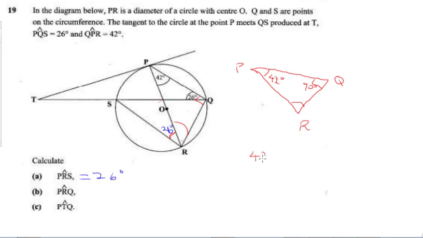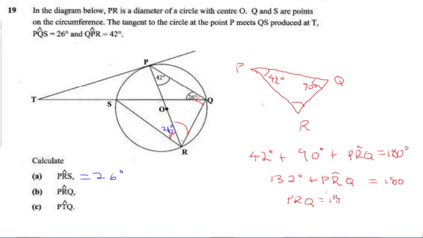So 42 plus 90 plus PRQ should be equal to 180 degrees. So 42 plus 90 gives us 132 degrees plus PRQ is equal to 180 degrees. So PRQ is equal to 180 minus 132, and this is equal to 48 degrees.